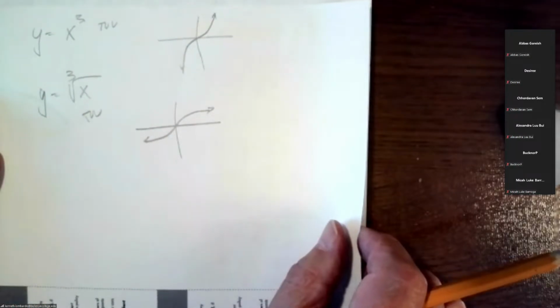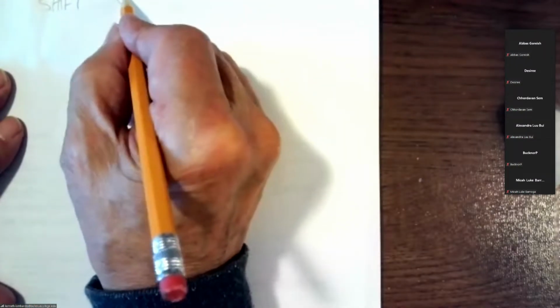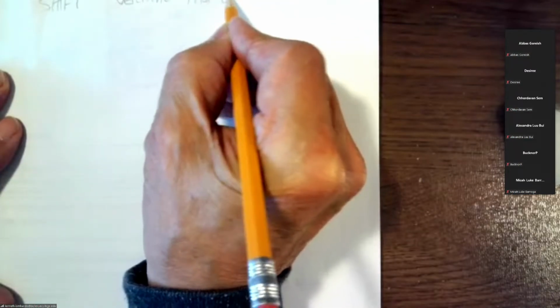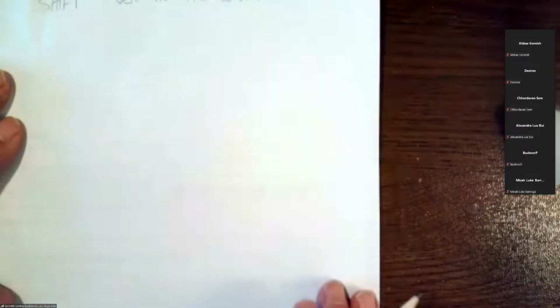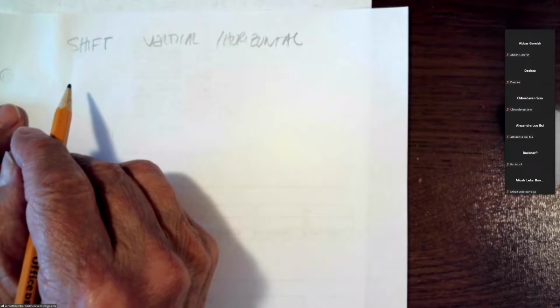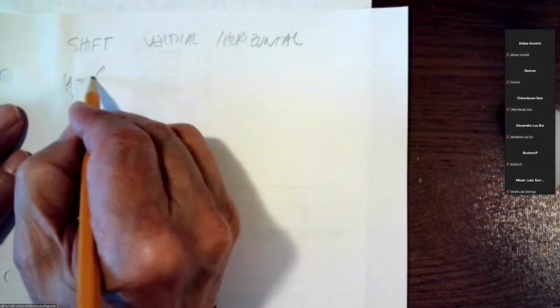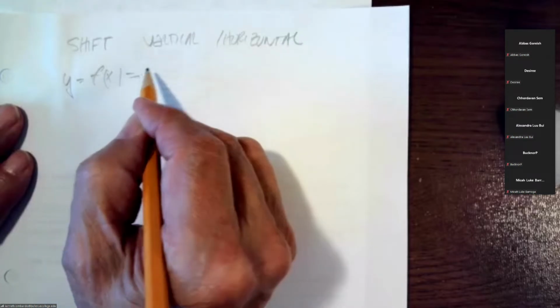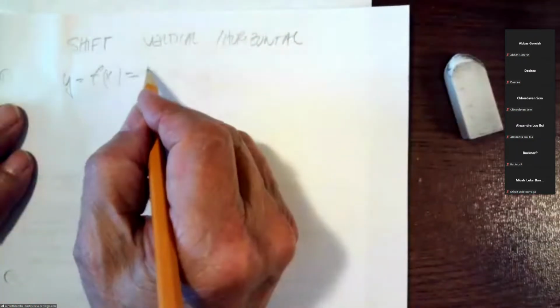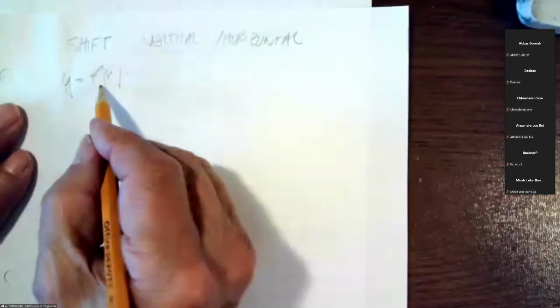So what I want to do is look at the next concept, which would be doing some shifting. And we might want to shift vertical or horizontal. Okay, so by shifting vertical or horizontal, I mean the following. If I say y equals some function of x equals some value, and maybe it's equal to, well, no matter what it is, it's equal to something.